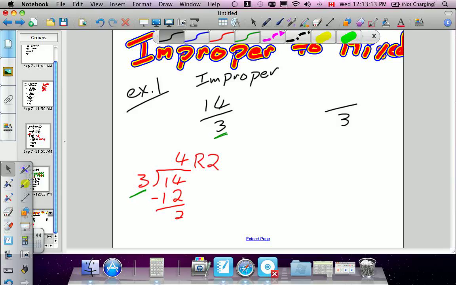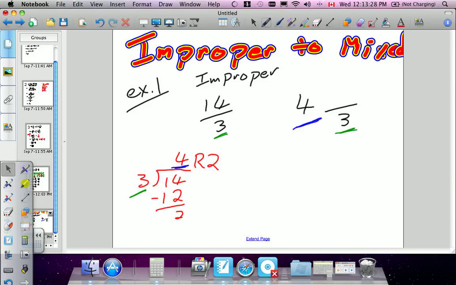So our 3 is going to be the denominator part. The number 4 that we discovered, it goes in 4 times, that's going to be our whole number, okay? So the whole number is now 4. And finally, the top part of the fraction, the numerator, is going to be our remainder, the 2. So the top part of the fraction is the 2.